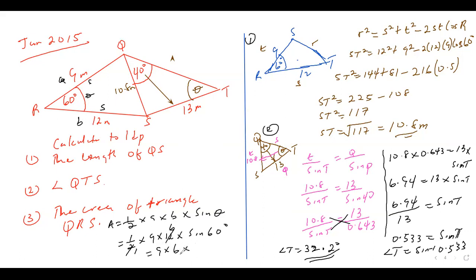What is sine 60 degrees? 0.866. Now we multiply 9 times 6 times 0.866.